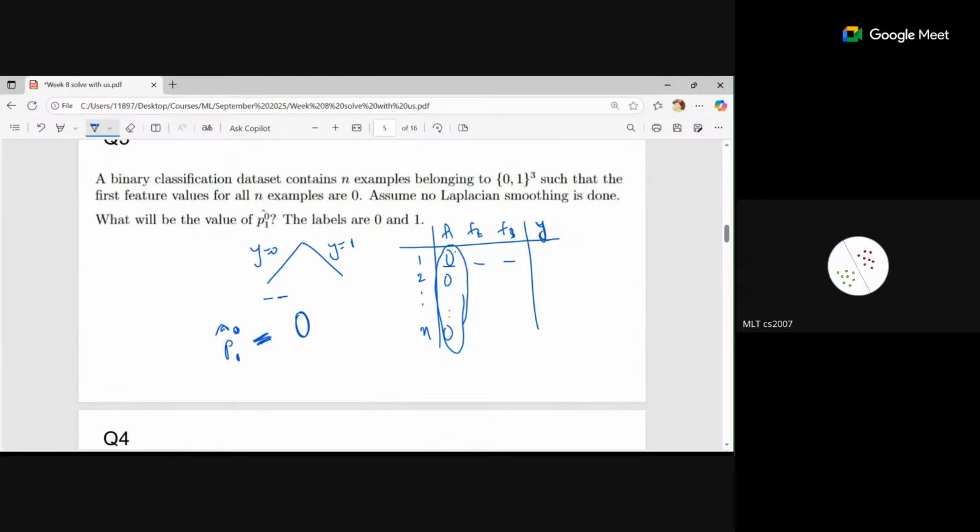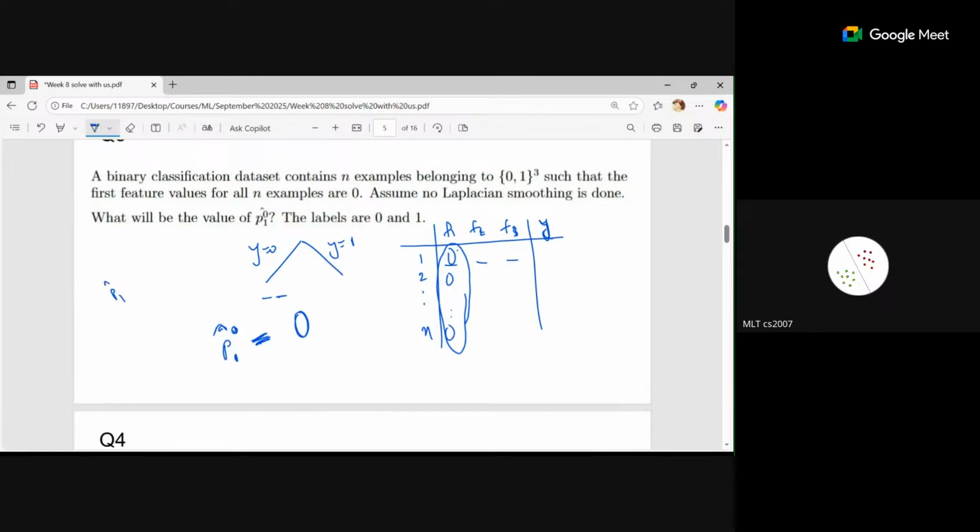In the question it is given that the first feature value, f1, for all the examples is 0. So if you have to find P1 hat of 0, what do we look at? We look at all the examples where your label is 0, and along with it the probability that my feature 1 is 1.